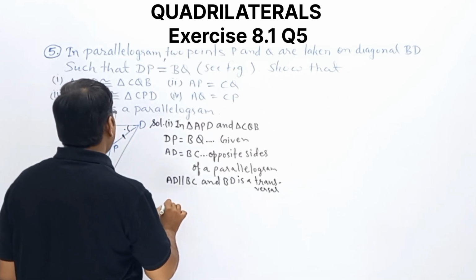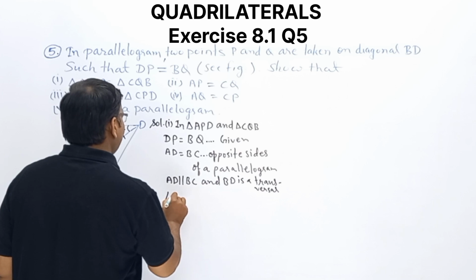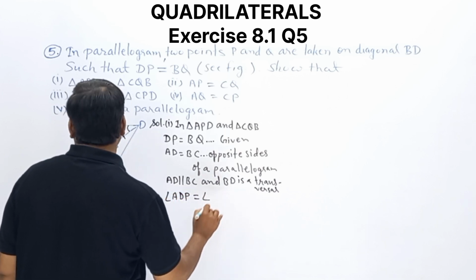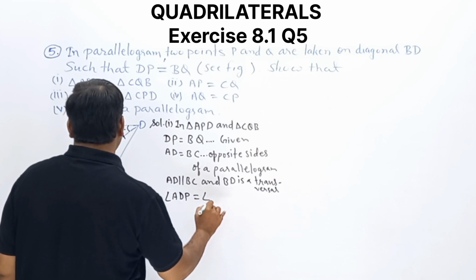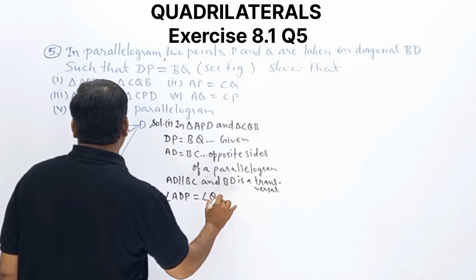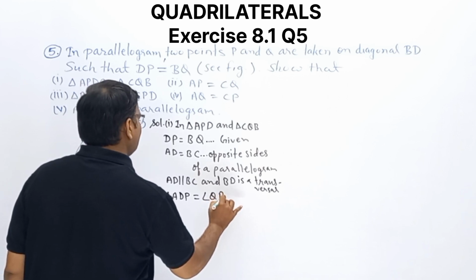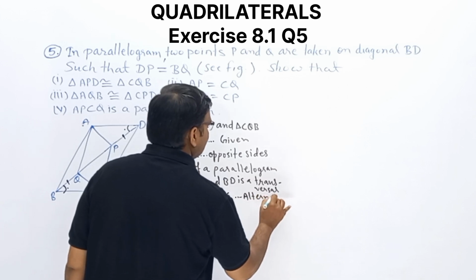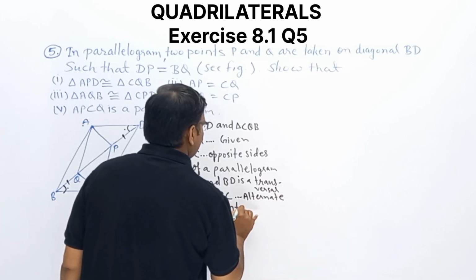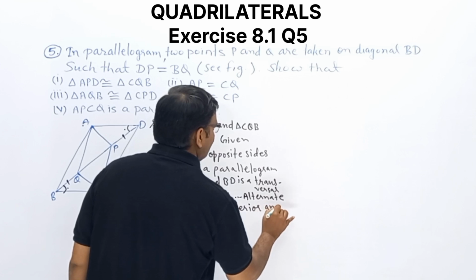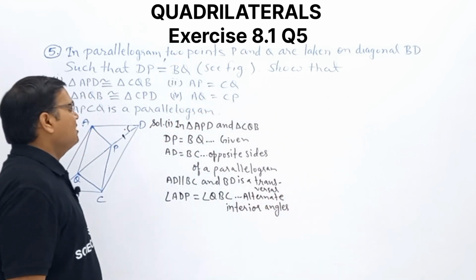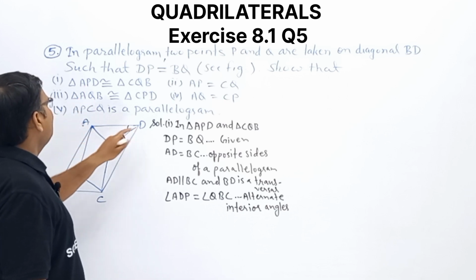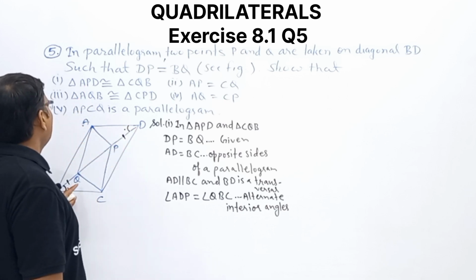Why? Alternate interior angles. Angle ADP equal to angle QBC, alternate interior angles. Observe again, we want to show that triangle APD is congruent to triangle CQB.